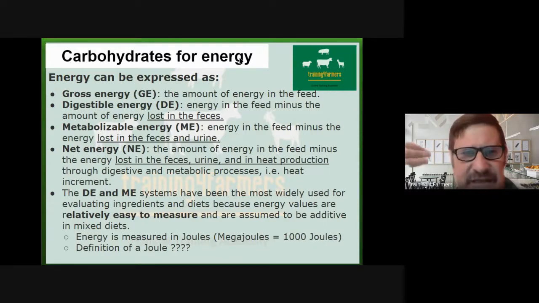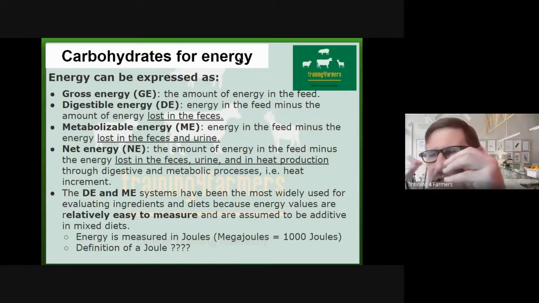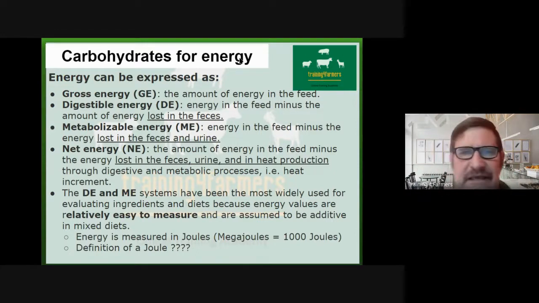So if you take digestible energy and you subtract the energy that's still left in the urine, and you take off the energy that's left in gases, then you've got metabolizable energy. So this is now getting better and better, okay? Metabolizable energy is actually the one we're going to be using. There is another layer, and we'll talk about that just now.